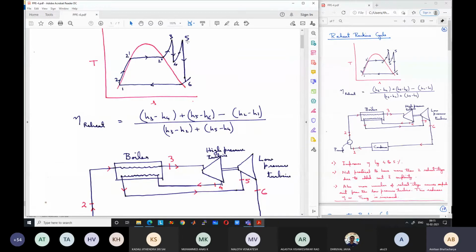Okay, the maximum temperature in the cycle is governed by the turbine blade materials. So for fully using the turbine blade material capacity, we keep the maximum temperature in the reheating part also equal to the maximum temperature in the superheater part, so that the inlet temperature to the second turbine also is same as the inlet temperature to the first turbine.